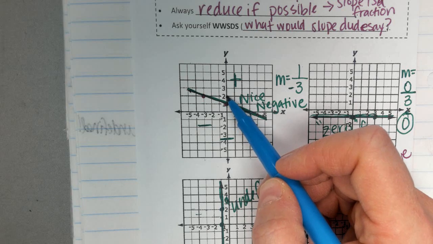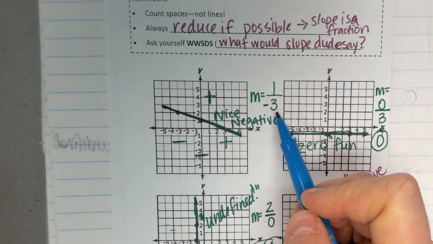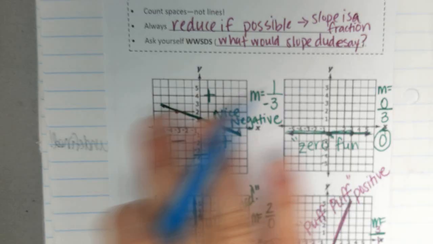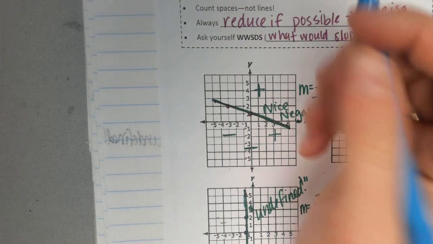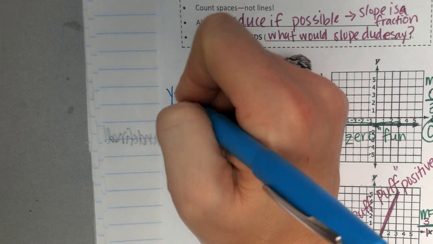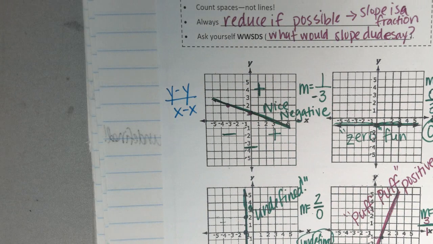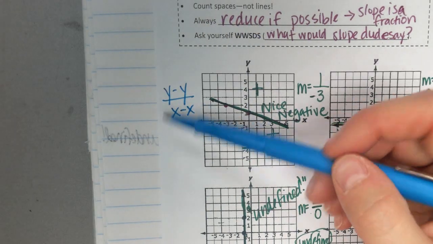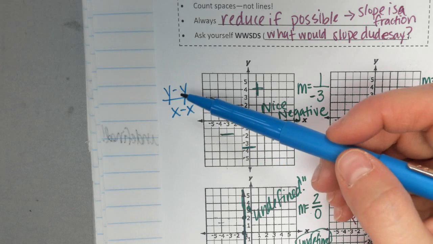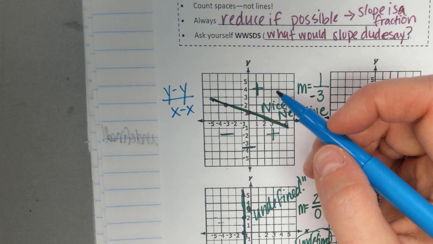We went 1 space up, 3 spaces to the left, so that was a 1, -3 slope. Another way you could figure this out, if you just had the 2 points, was y minus y over x minus x. Remember, slope and constant rate of change are kind of backwards from our thinking. The y goes first on top, and then the x is on the bottom.